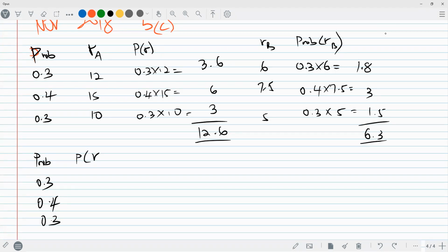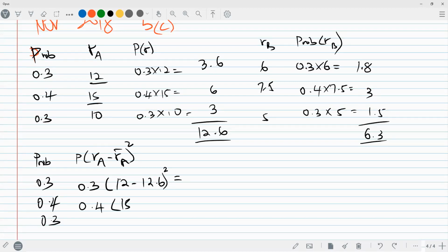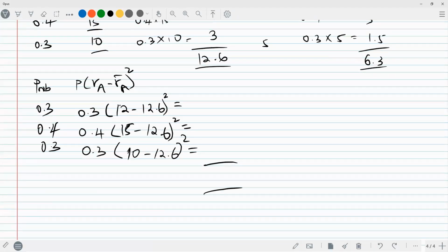Probability times the return of A minus the mean return of A, squared: 0.3 times 12 minus the mean return, 12.6, squared; 0.4 times 15 minus 12.6; 0.3 times 10 minus 12.6 squared. And get the sum. We do it for A and for B.